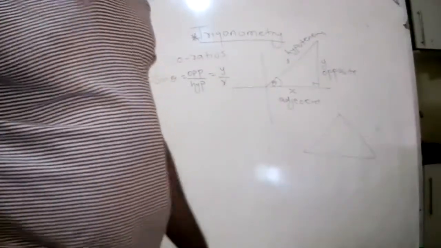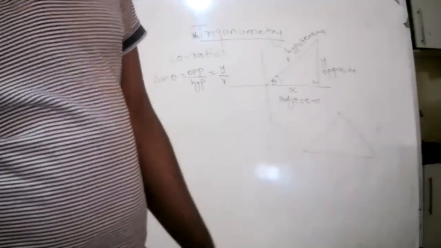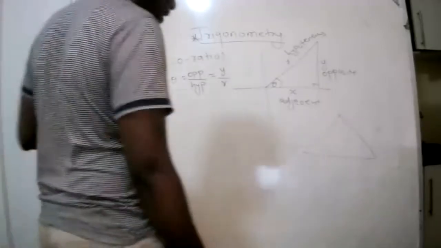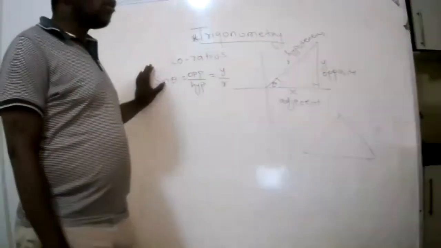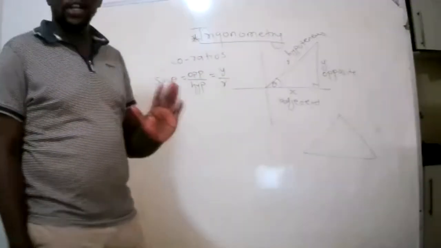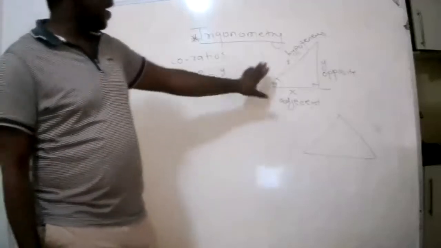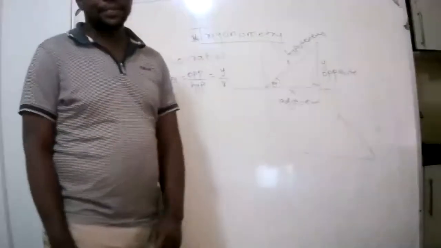All right. You must get this right. It's very, very important information, and I'm repeating it because it's important. Whenever you apply the core ratios, all the core ratios, you must have a right angle triangle.